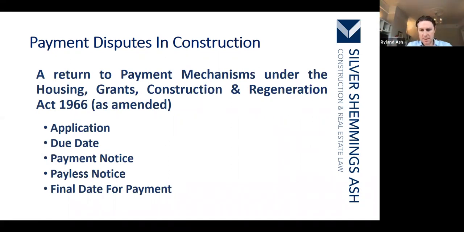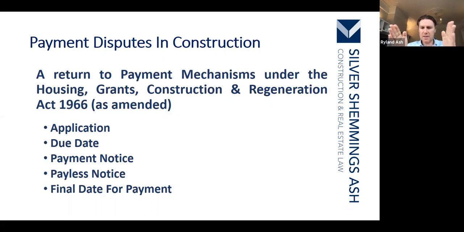Now, often parties don't fully understand this, and I can appreciate that criticism, but the idea is that you have a date, which is the due date, upon which you value the works up to. And then you'll have a period after that due date, once you've calculated the sum due, to make payment in respect of that due date. And that's your final date for payment.